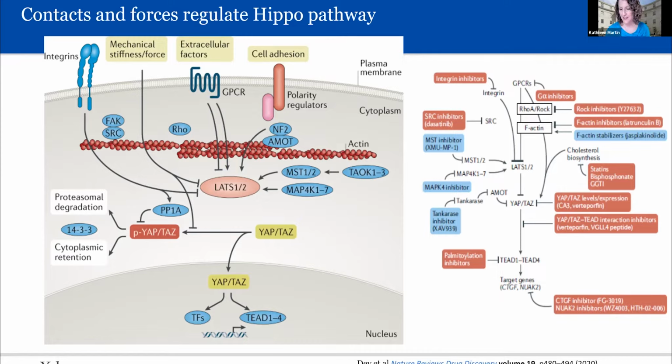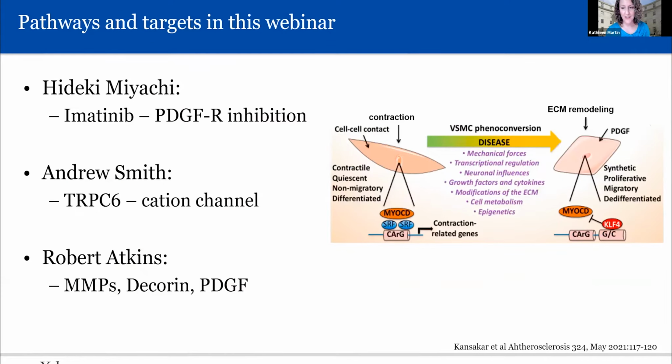So this is from the same review article, just showing the many ways, mostly indirect, but some direct, by which we can manipulate the activity of this pathway, which could have important implications for modulating smooth muscle phenotype.